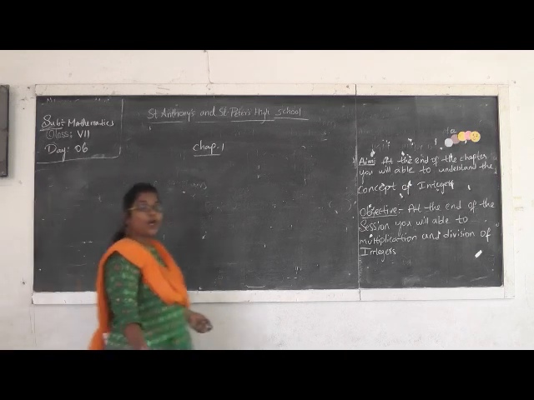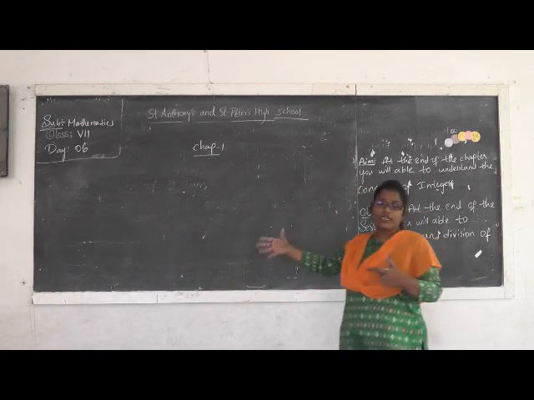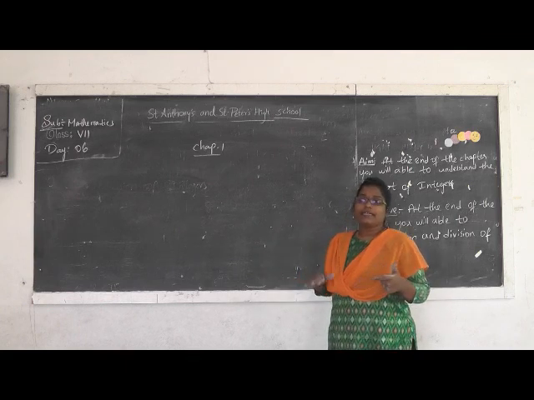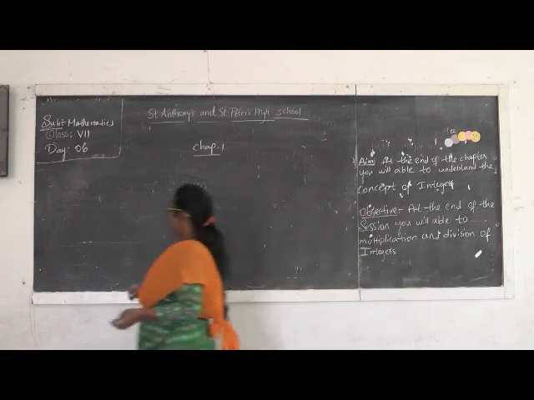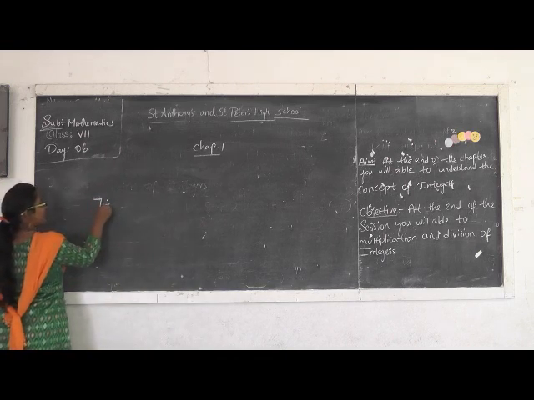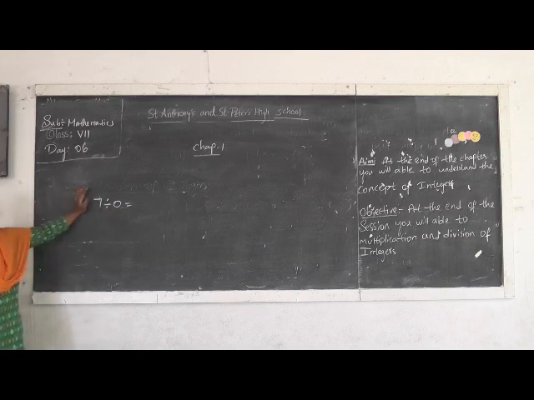So up to now we simplified divisions with only particular numerical values. Now, dividing an integer by 0. For example, 7 divided by 0. What is 7 divided by 0?